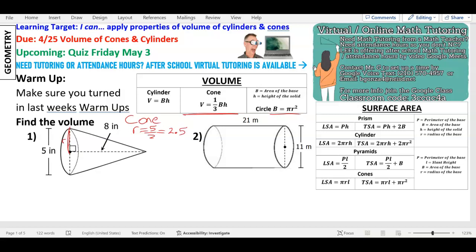Cool. Now, I need to figure out capital B, which we know, since it's a circle, is pi r squared. So we're going to do pi 2.5 squared. So don't do pi 5 squared, it's pi 2.5 squared, okay?